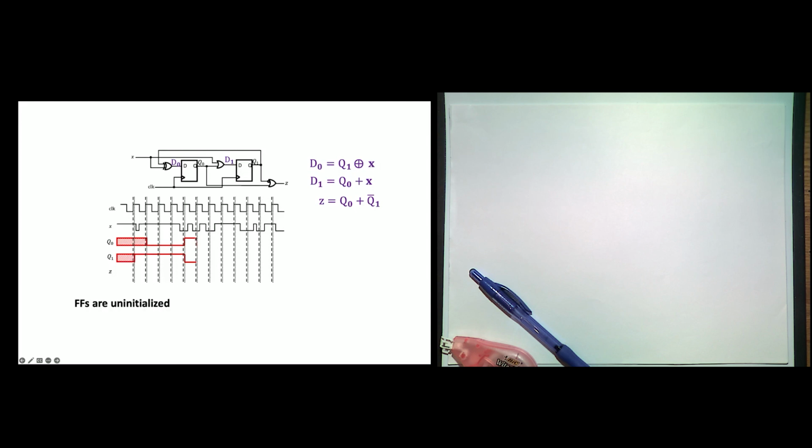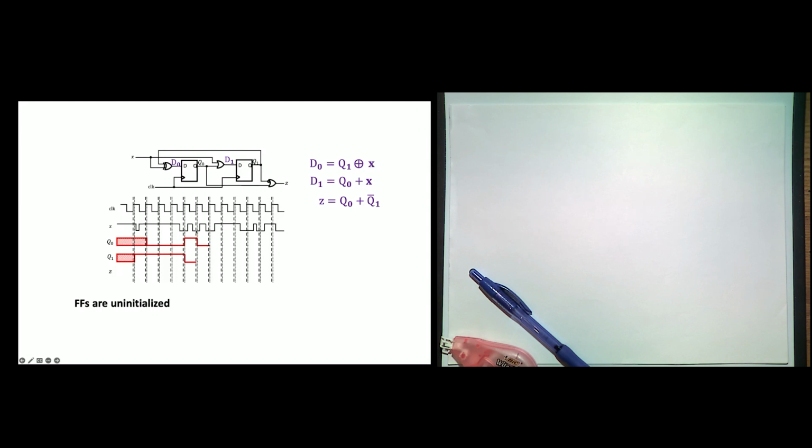So I have 0 XORed with 0, that's D0. At the clock edge, that will be loaded, and then Q0 will become 0. So this is just plugging in for D0 and D1 based on the values right at the clock edge, and that's the value that Q0 and Q1 will assume after the clock edge.